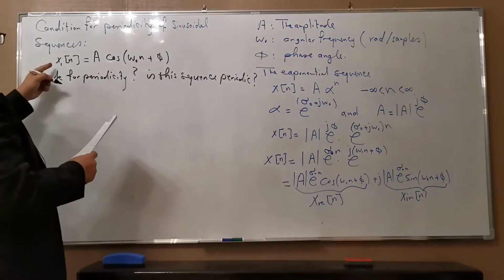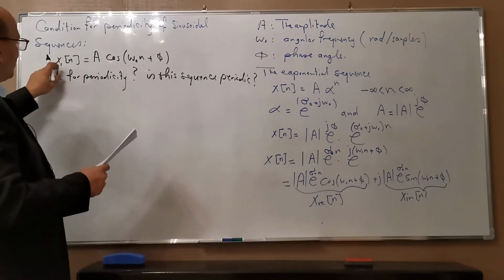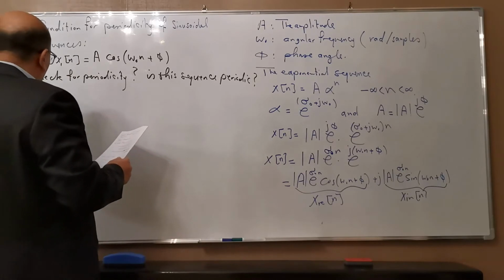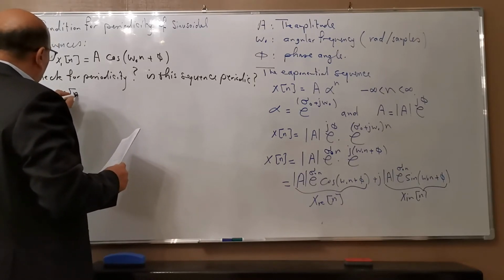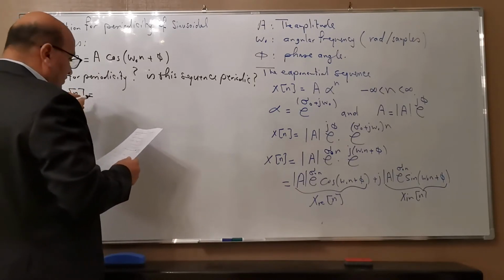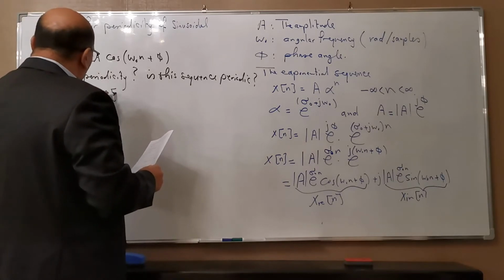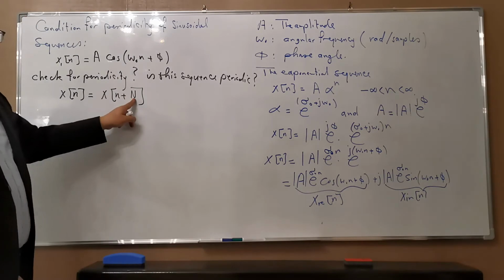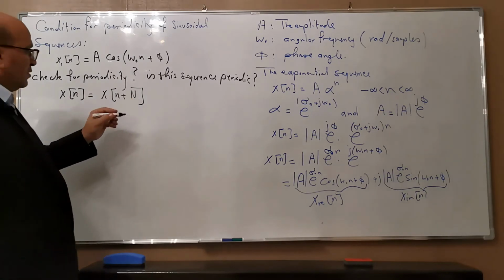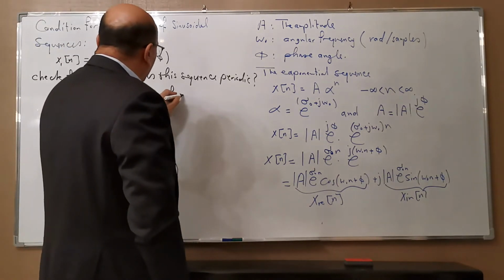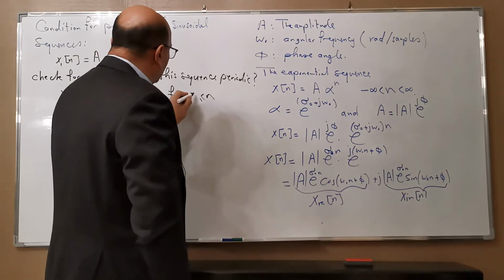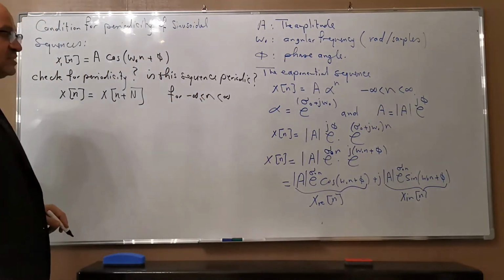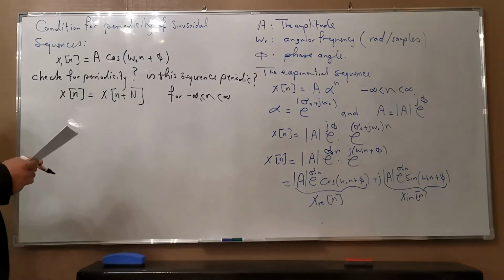For periodicity, this function has to comply with the periodicity condition, which means that x1 of n equals x1 of n plus capital N, for a certain N such that this function will repeat itself, for all n between minus infinity and infinity. If this is true, this means that we have a periodic function.